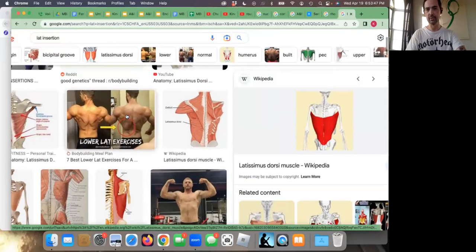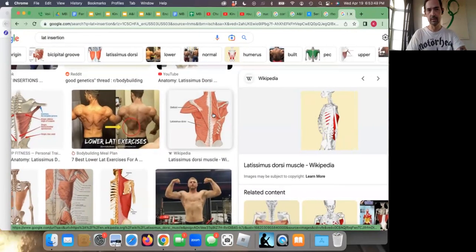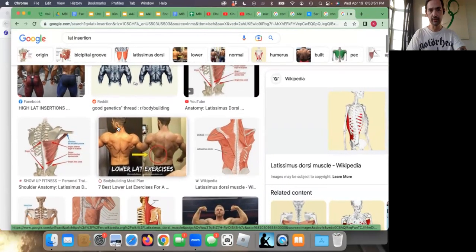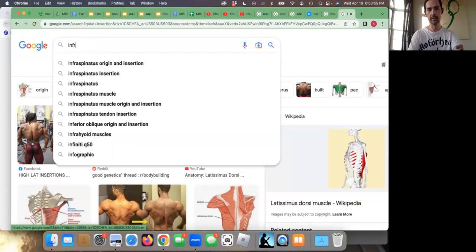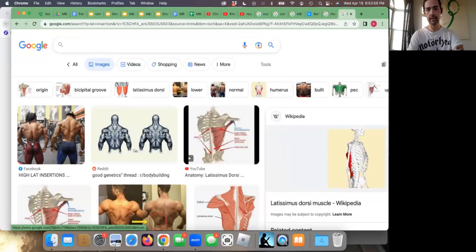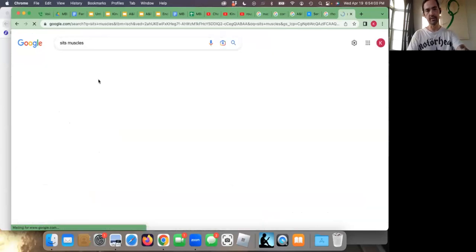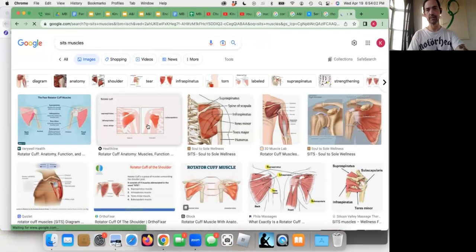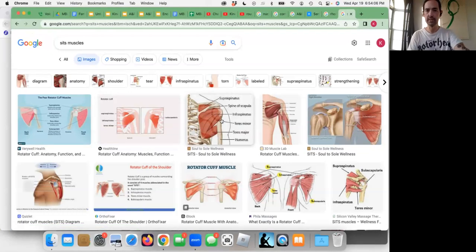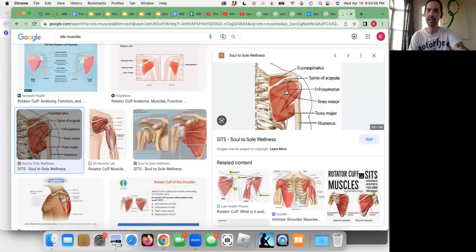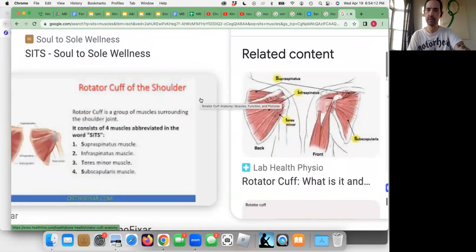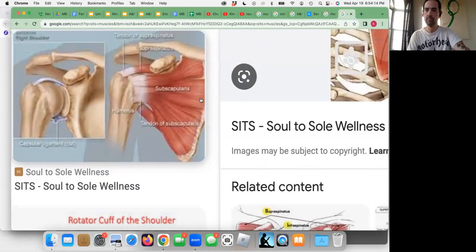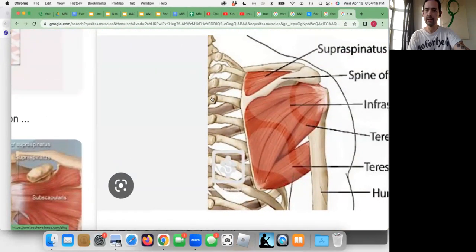So that's latissimus dorsi, and then if we look at the infraspinatus, say that again. If we look at the SITS muscles, supraspinatus, infraspinatus, teres minor, and subscapularis, we can see that almost all of those attachments are on the outside.